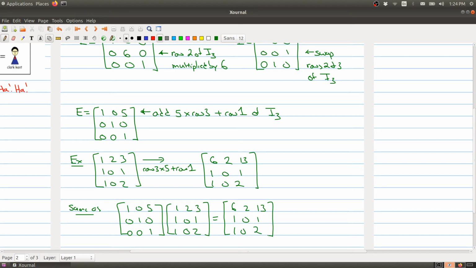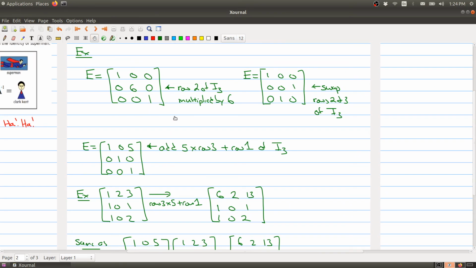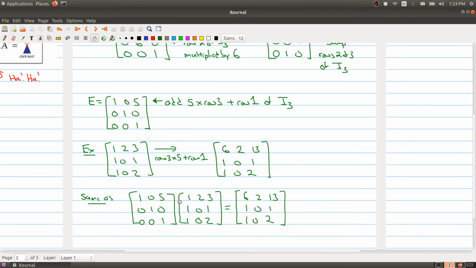So hopefully you're seeing, and maybe making a guess about, what's happening. All of those elementary operations that we learned back in section 1.1 and 1.2 correspond to first doing the change on the identity matrix, like what we've done here. Then we multiply this new matrix by the original matrix, and that gives you a matrix that corresponds to doing the row operation.